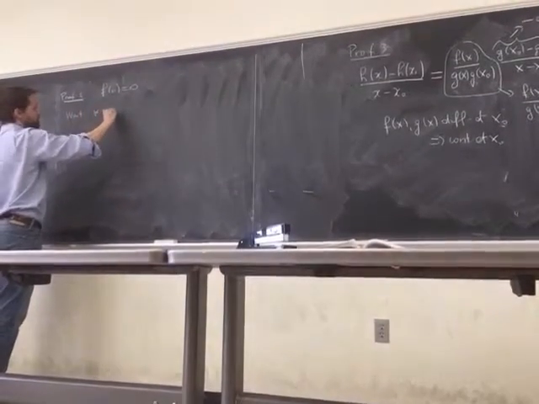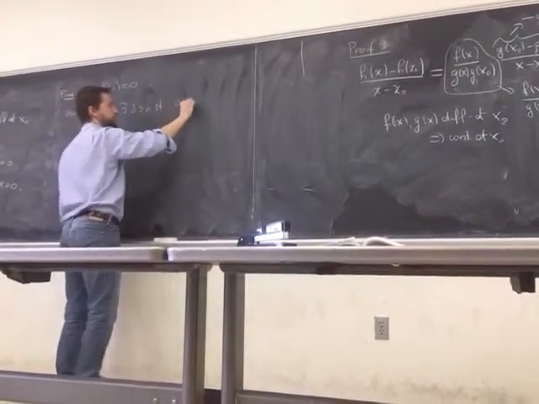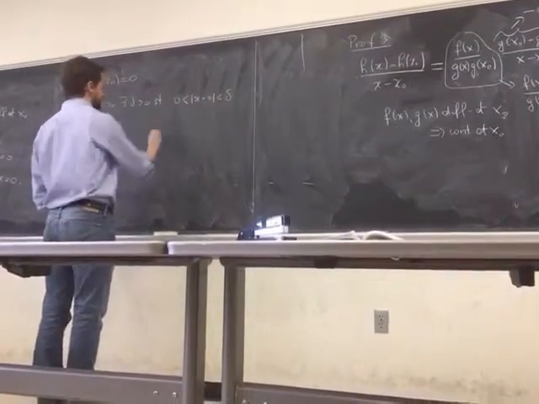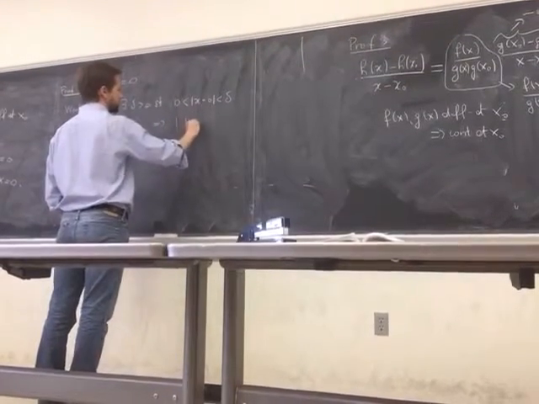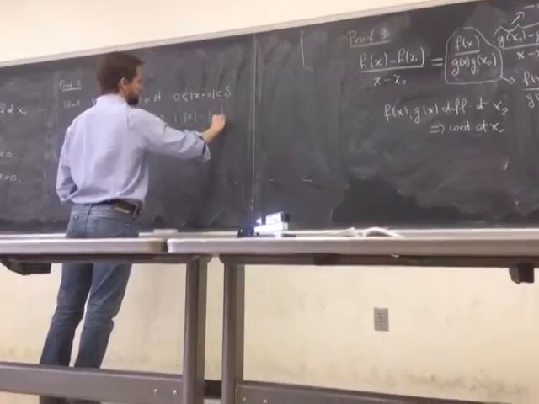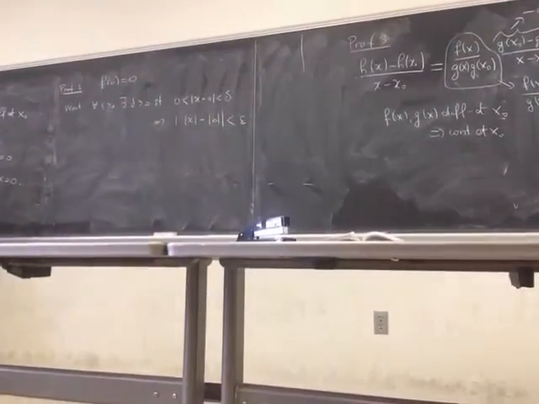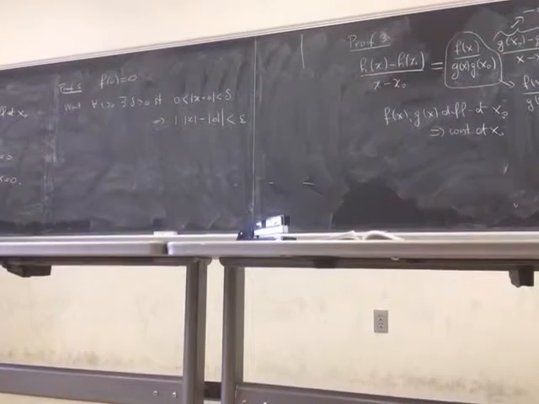is that for every epsilon positive, there exists delta positive such that if x minus 0 is less than delta, then absolute value of x minus absolute value of 0 is less than epsilon, right? That's what it would mean for the absolute value to be continuous.